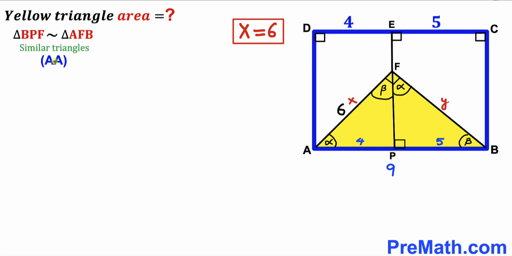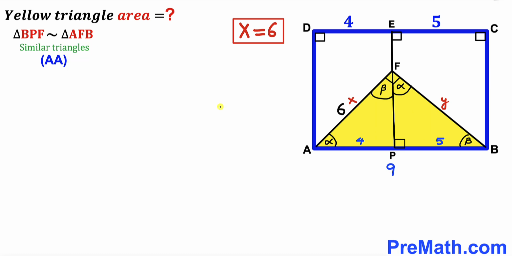Here's our next step. Now we can see this triangle BPF and this other triangle AFB, this whole big triangle AFB. Both of these triangles are similar according to the angle similarity theorem.